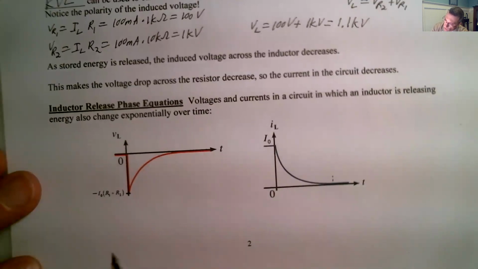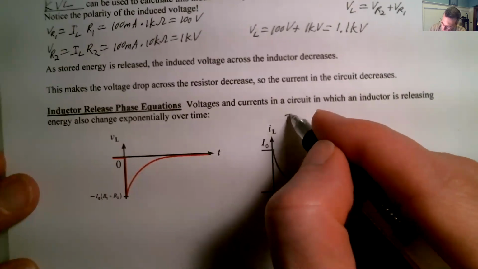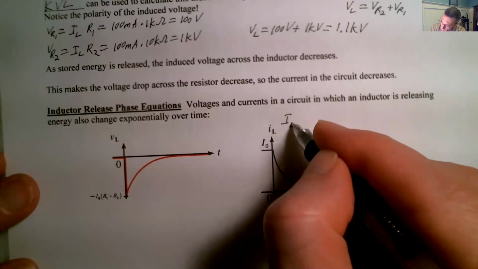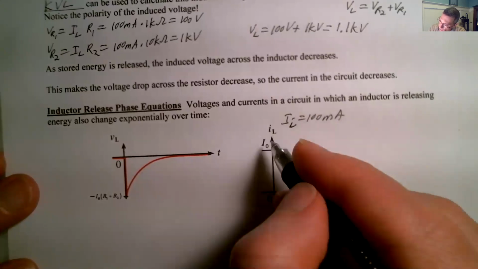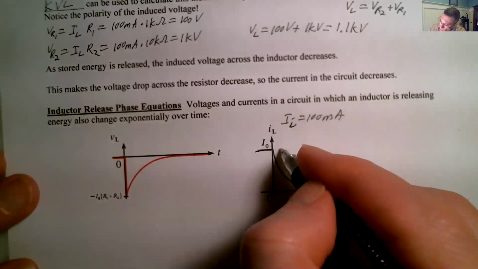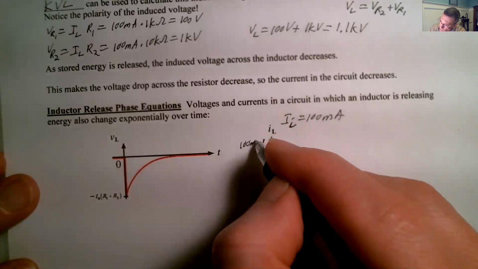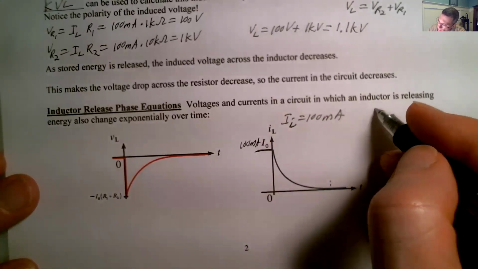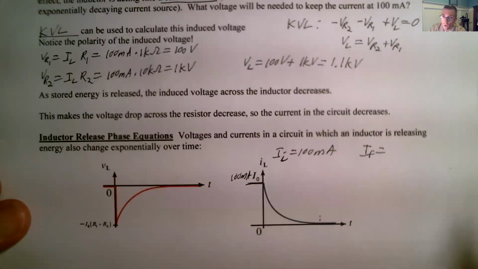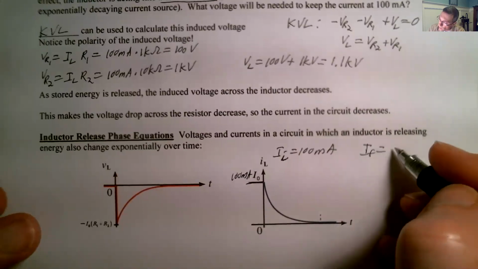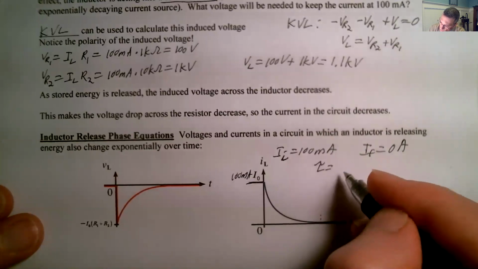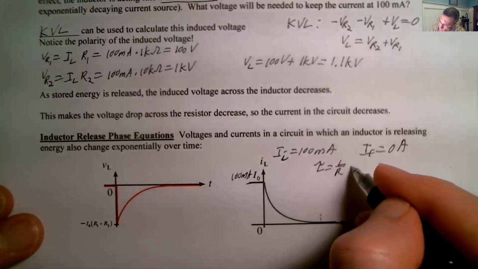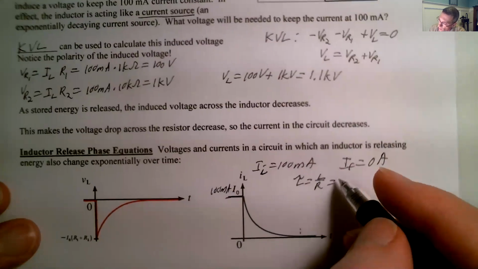So I initial is equal to 100 milliamps, that's the 100 milliamps coming in. I final, because there's no source in there, is equal to 0 amps. Next thing we find is tau, which is L over R, and L was 10 millihenries.